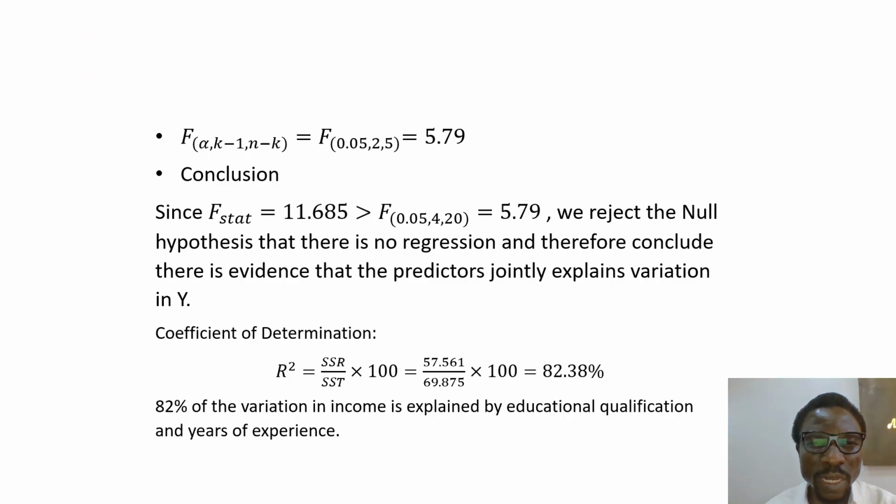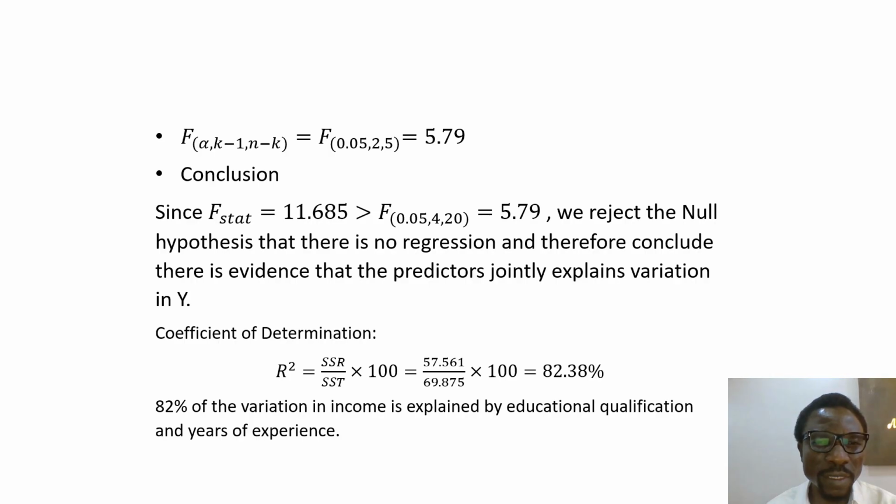So now that we obtain our F ratio, we therefore go to the table of statistics, F distribution table, to obtain the F tab value corresponding to F at 0.05 significance level, alpha, and 2,5 degrees of freedom. That value is 5.79. So the next thing is to draw a conclusion.